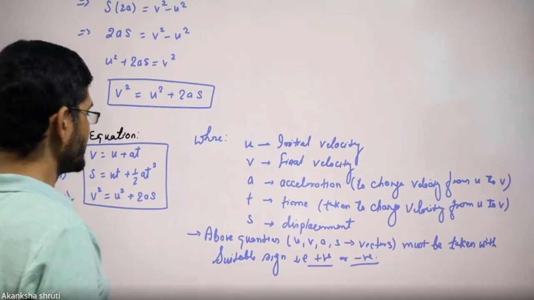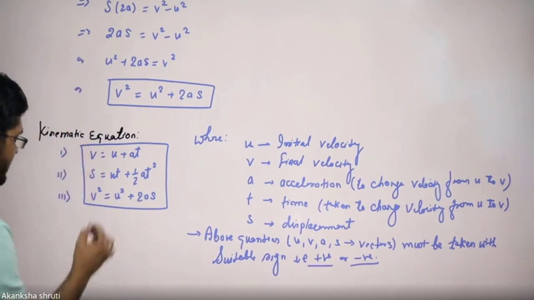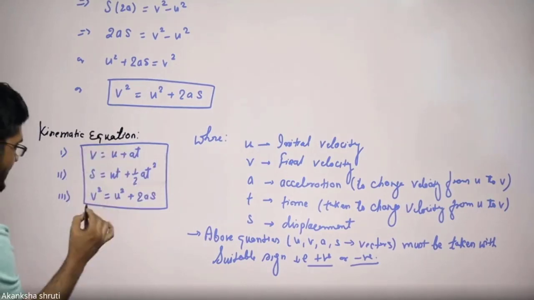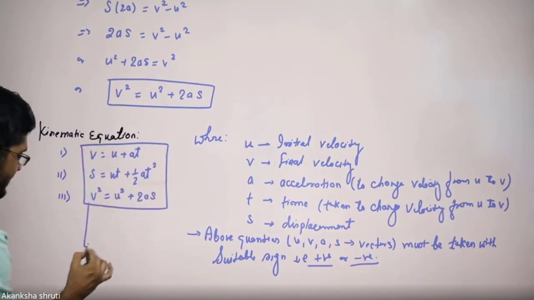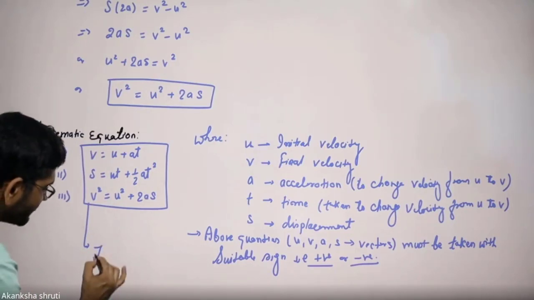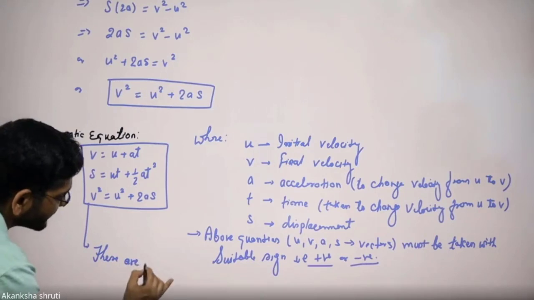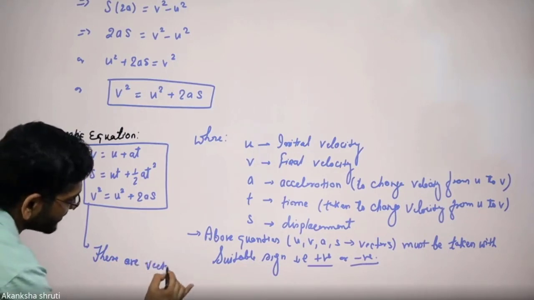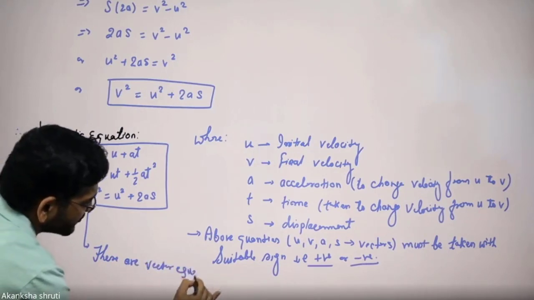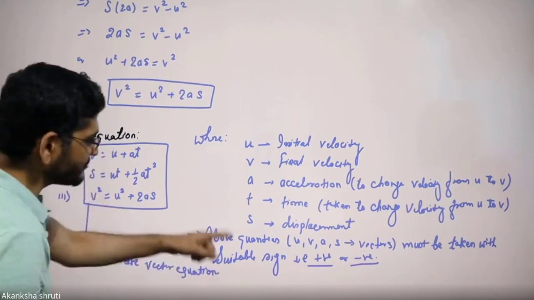Also, we have to keep in mind these three mathematical relations that we have derived. They are called kinematic equations, and these are vector equations. Keep in mind, it is not scalar, because it is correlating vector quantities.